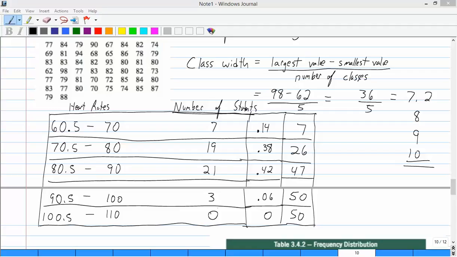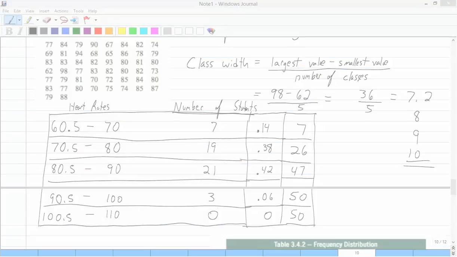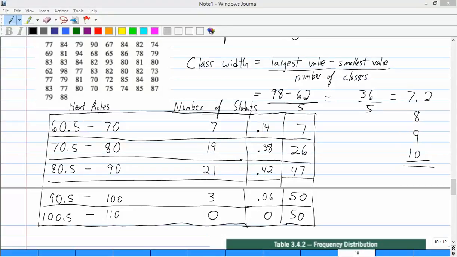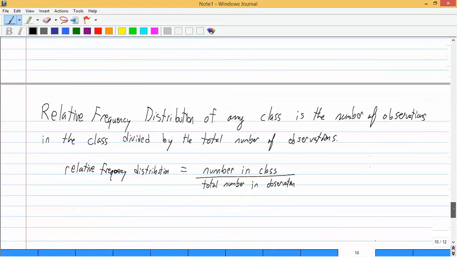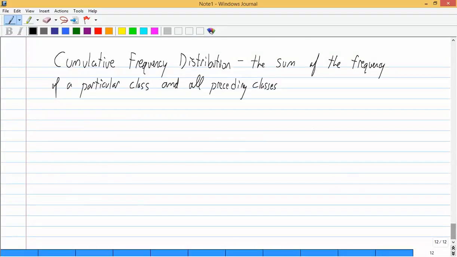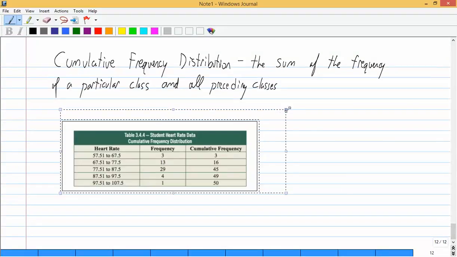Let me show you an example really quick of a cumulative frequency from the book. So they give the frequency and the cumulative frequency just so you can understand how they got the numbers.